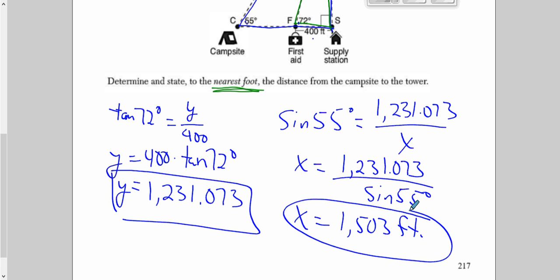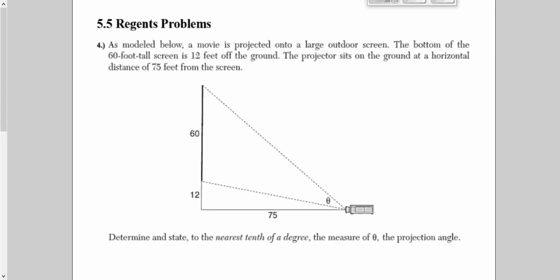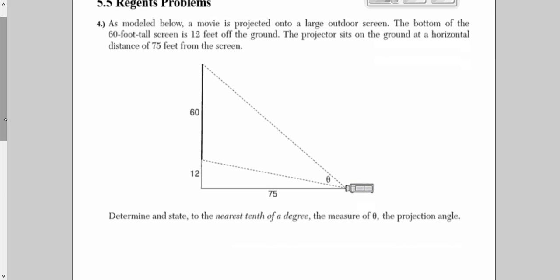Any questions on this one? Let's go to number 4. Read it, label it, solve it. And please note, always remember, you don't have to take the Regents, I guess, but on the Regents exam, if you do a rounding error, it's minus 1, okay?